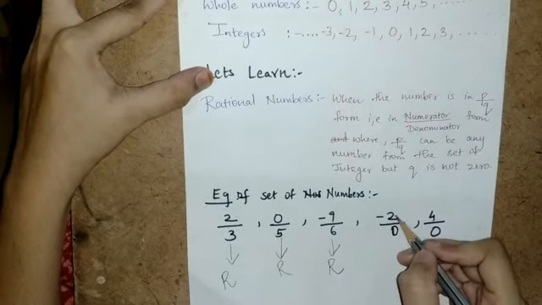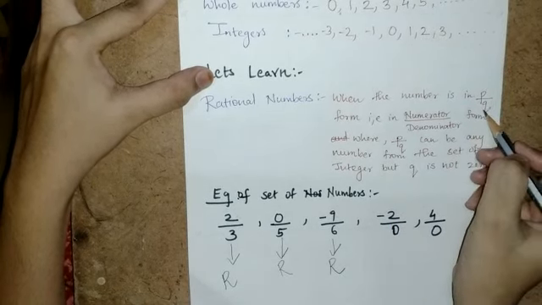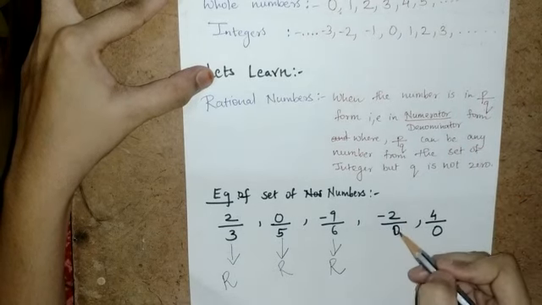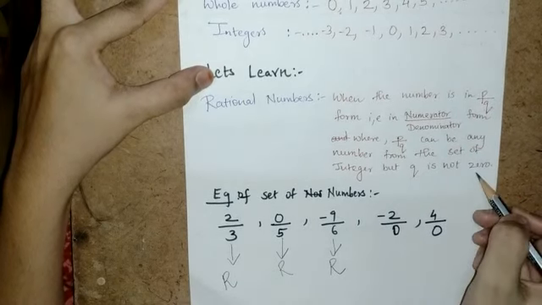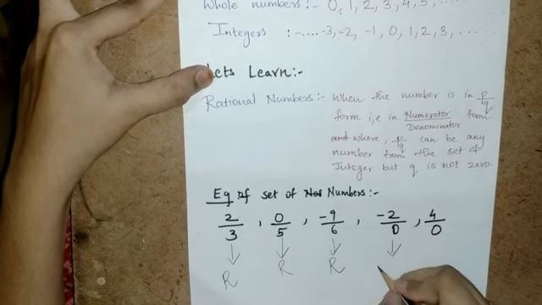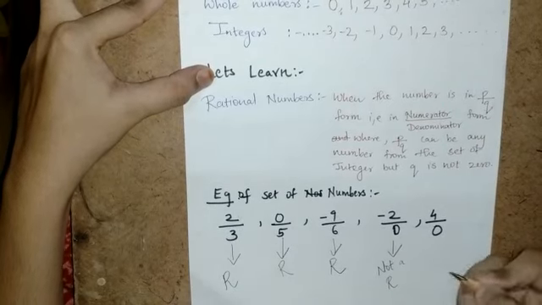Now minus 2 by 0. This is in p by q form, so the first condition is satisfied, but what is the second condition? Q should not be equal to 0, that is, the denominator should not be equal to 0, and here it is equal to 0. So this is not a rational number.